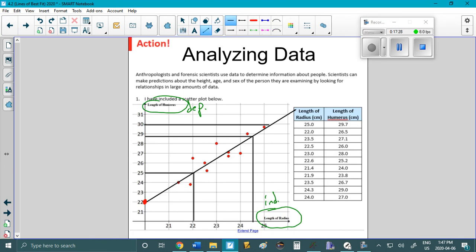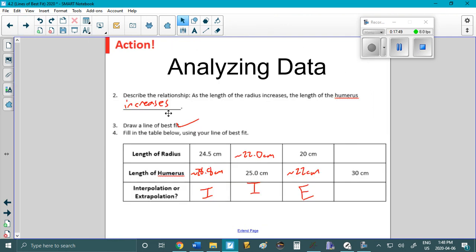And the last one, humerus, 30 centimeters. Way up here, I go over. I put that a little bit low. Again, it's because I'm doing it on a computer. I got to extend it so it gets to the line. So 30. Go here. I drop down. Okay, so let's see here. So that's 24, 25. I don't know, 25.3, 25.4, something like that.